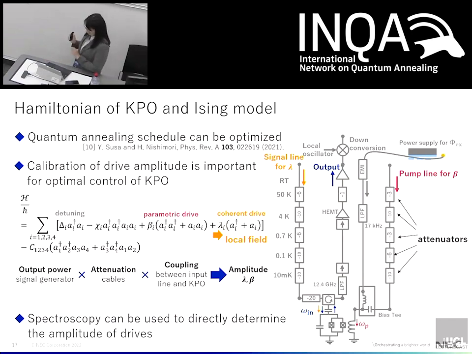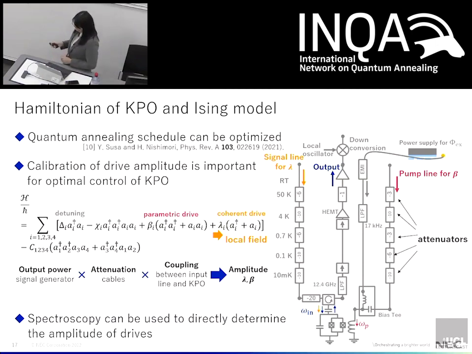Maybe this is a basic one, but spectroscopy is a useful tool for the calibration of the amplitude of signals too. Before I show you the result, I will explain why calibration is important. The optimal schedule for quantum annealing has been studied mainly in spin systems, and it can be optimized also for KPO.